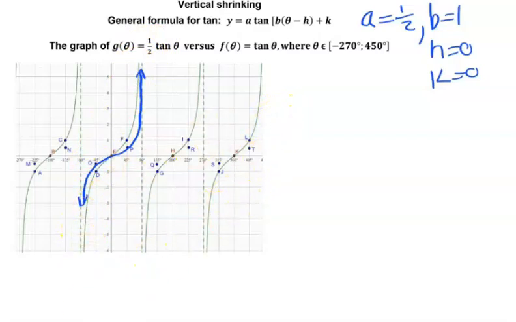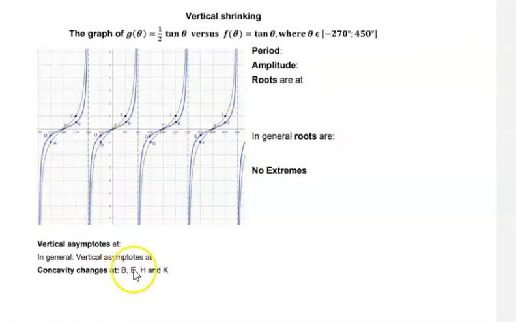On this page, I've just joined the dots, and you can see that the graph is just sort of squashed or vertically shrunk, but it did not change the period of the graph, and the roots even did not change. So the period is still 180 degrees.